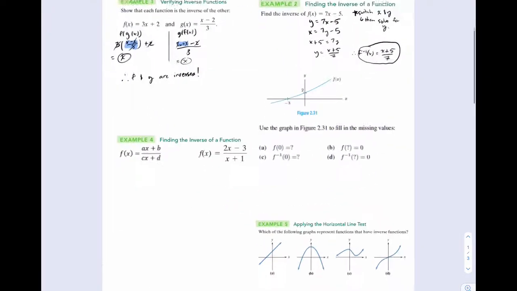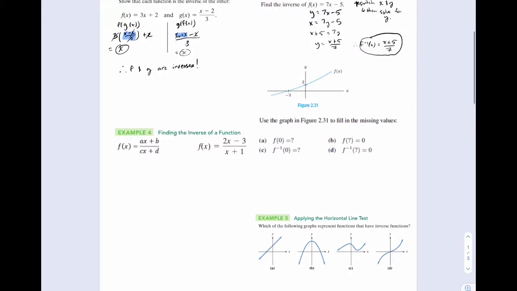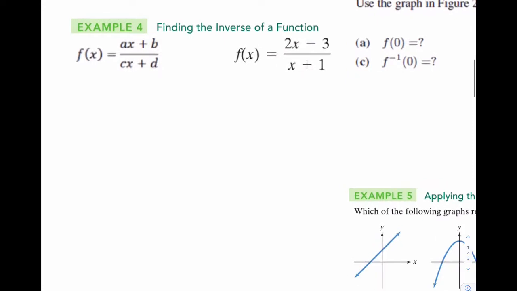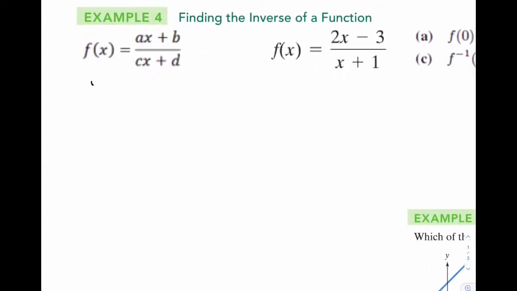So a couple more examples here. Let's go to example 4. Now let's find the inverse of something much more complicated. This is some generic function. And first step, as always, just make sure you put a y down, just so you can see it more clearly. We're going to switch x and y.